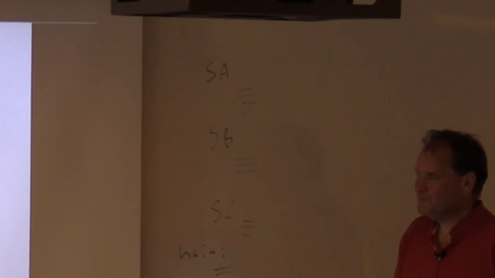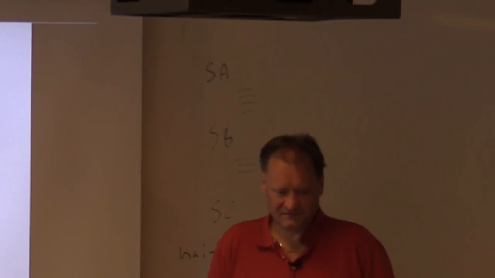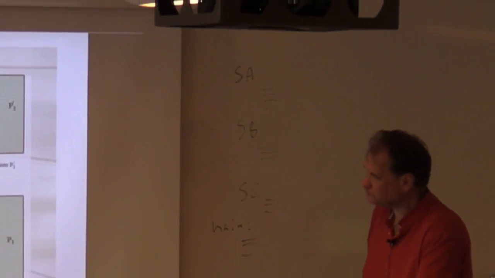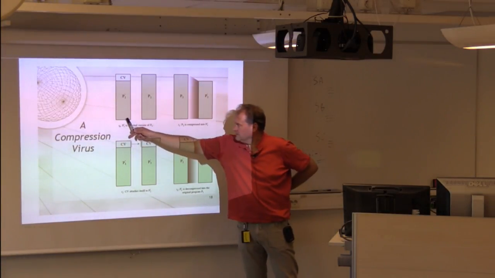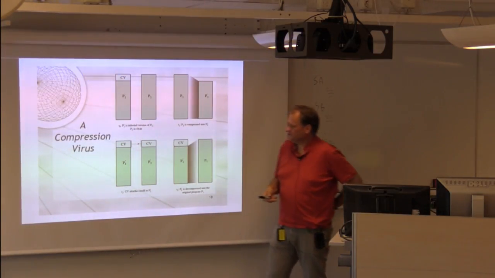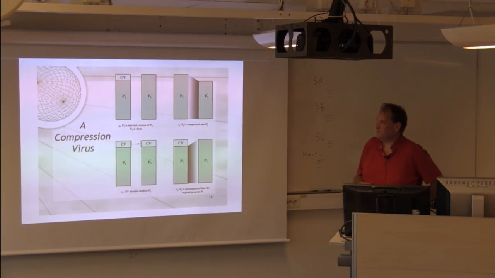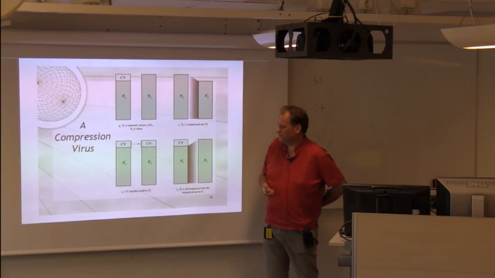So that is what a compression virus can handle, because of what it's doing in the first phase here. We have a program that is contaminated with a virus here. CV is the compressed version of the virus code.